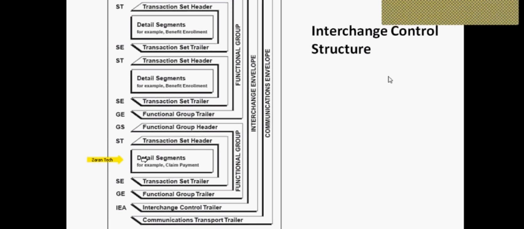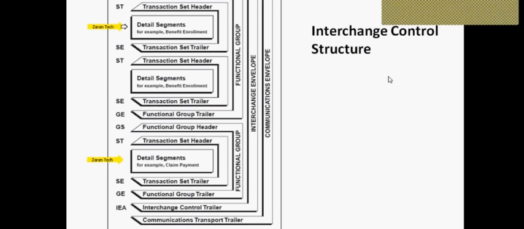Think about a clearinghouse. A clearinghouse gathers all these claims from different providers, different hospitals, physicians, clinics, right? And they aggregate all the information and send it to the insurance companies. For example, if the claims are received from different hospitals, that's how the claims will be organized.